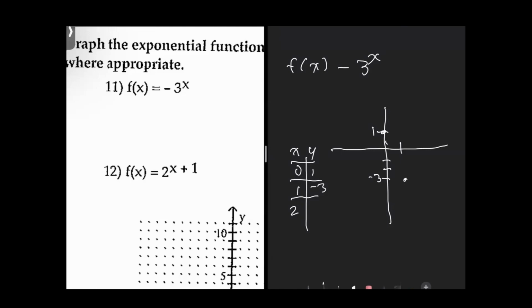And then 2, well, negative 3 raised to the second power. So 3 to the second is 9, but we have a negative, so it'll be negative 9.